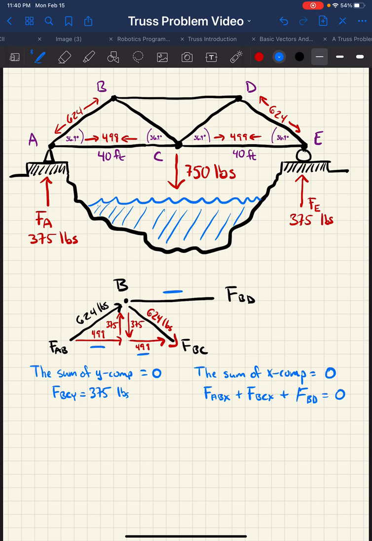Those three are the three forces acting in the x direction. But we know that this is 499 plus 499 plus FBD equals 0, which means FBD is going to be negative 998. Again, that negative just means it's going in this direction. It's counteracting the forces here and here that are both going that way. To counteract those, it's got to go the other direction.